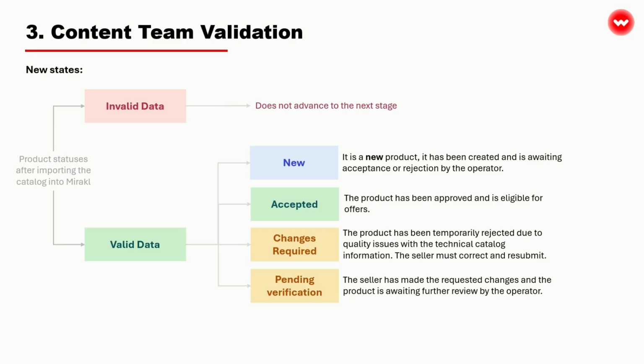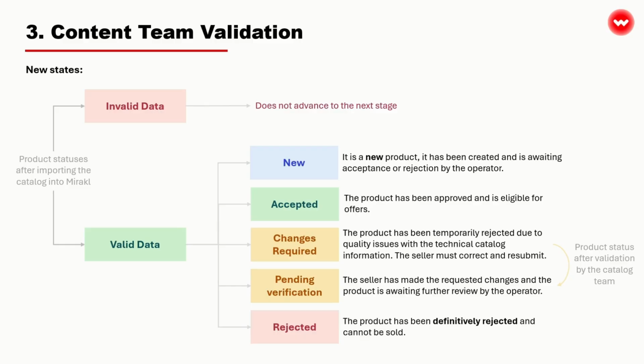Pending verification. After the seller makes and imports the requested corrections, the product moves to pending verification. This means the catalog team is reviewing the updated information to confirm that everything is now corrected. Rejected.